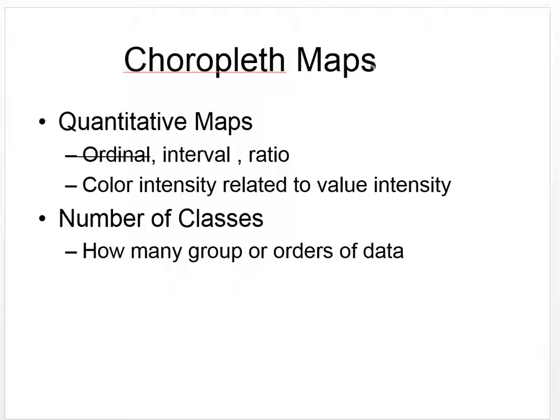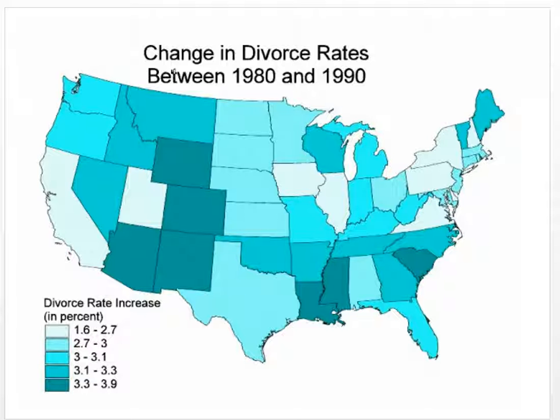So a Choropleth map would have color intensity varying with the map intensity. And so here is a nice example of a Choropleth map where the darker color means the higher divorce rate and the lighter color is the lower divorce rate.